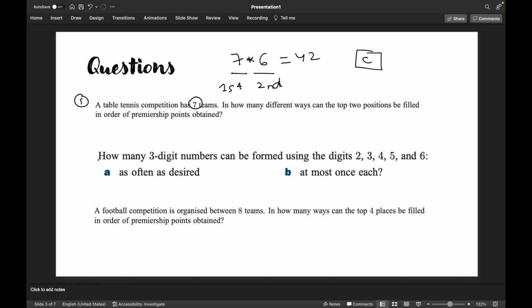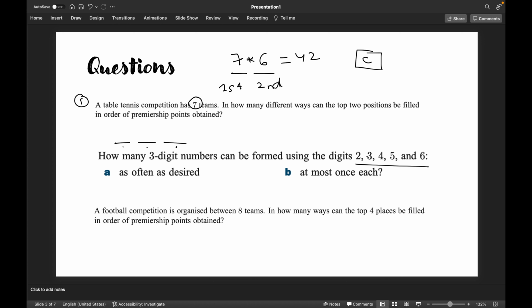And now let's look at the second one. How many 3-digit numbers can be formed using the following digits? Okay, let's draw this. This is the hundreds place, tens place, and the units place.